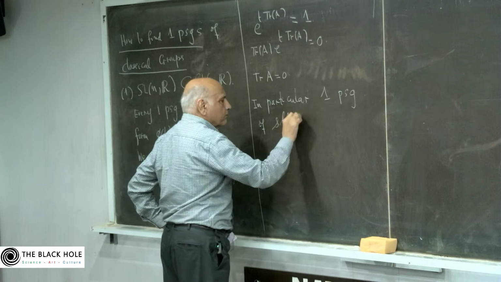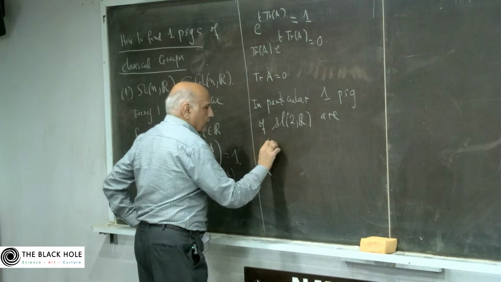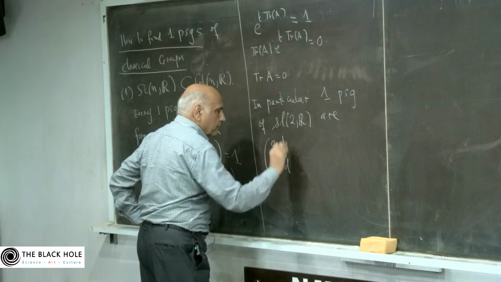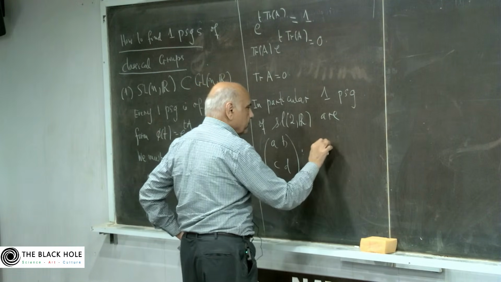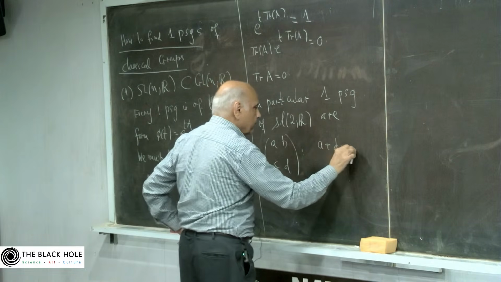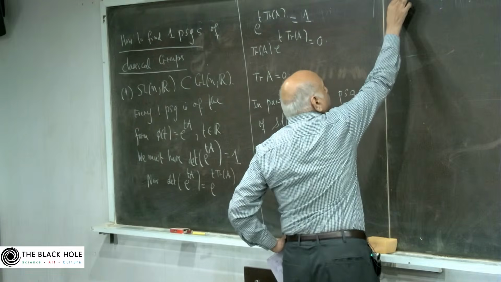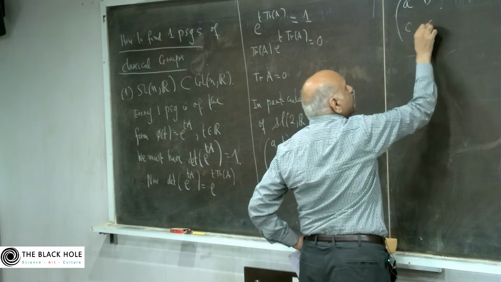SL2R are matrices A, B, C, D such that A plus D is equal to 0. So this means this is of the type A, B, C, minus A, right?